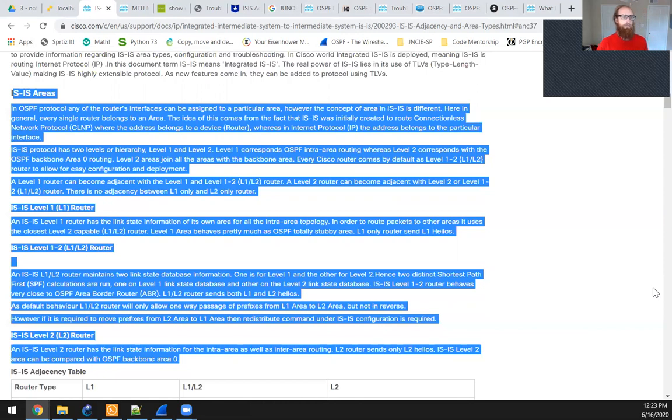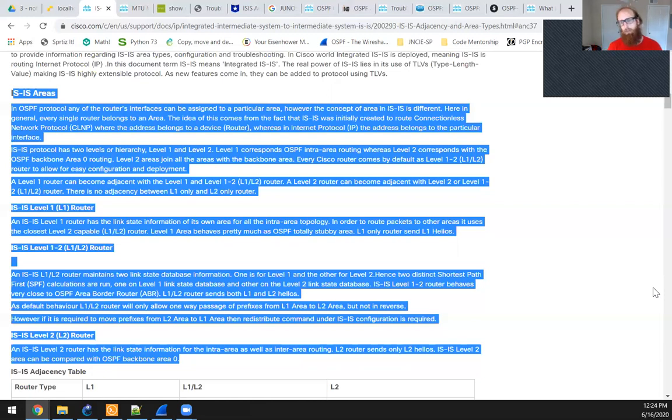ISIS protocol has two levels of hierarchy, level 1 and level 2. Level 1 corresponds to OSPF intra-area routing, whereas level 2 corresponds with the OSPF backbone area 0 routing. Level 2 areas join all areas with the backbone area.